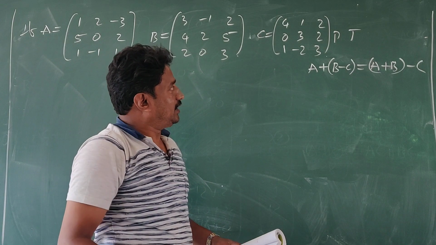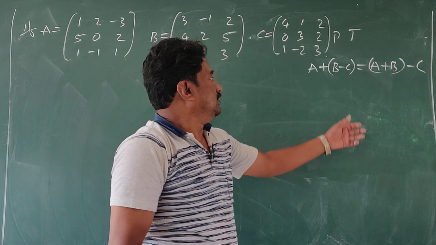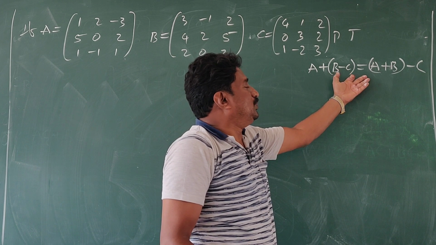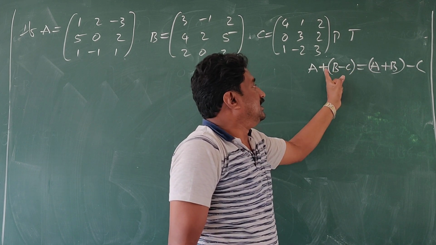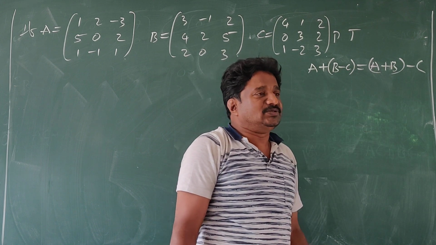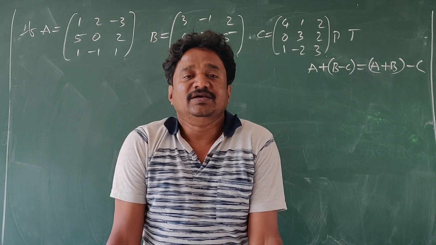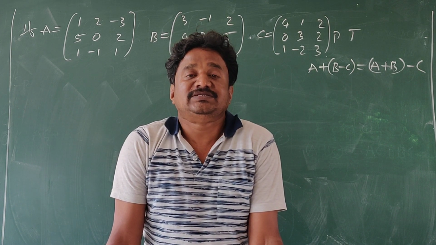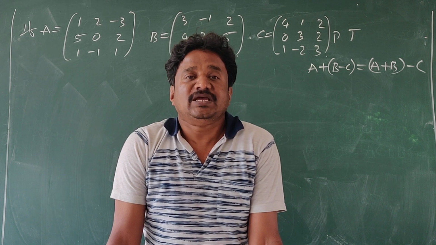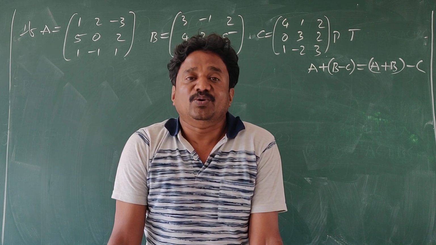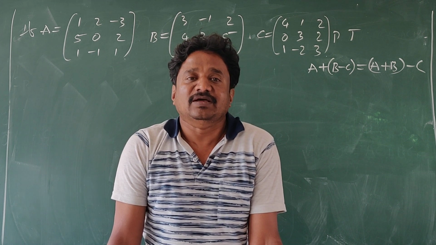Again, you see that here it is asked to prove this. Clearly it is the associative law. Matrix addition is always associative. Remember that the associative law always holds good for matrix addition.